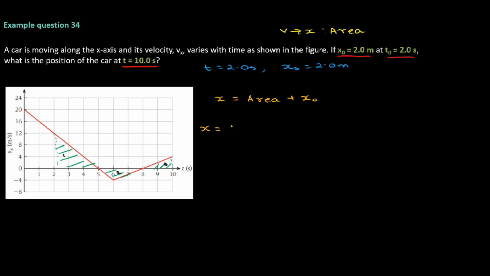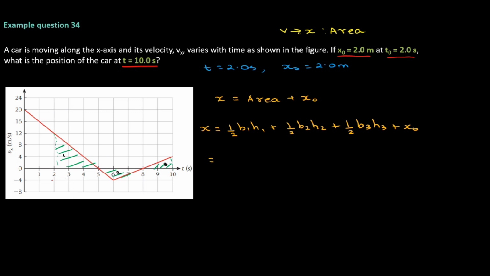So I will write area under 3 triangles. Half times base of the first times height of the first plus half base of second times height of second plus half base of third times height of third plus x0. Now we solve for this.